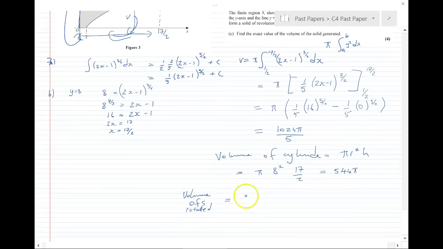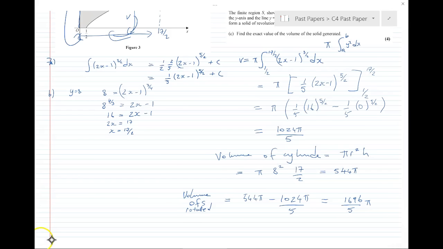That's 544 pi. Take away 1024 pi over 5. Now 544 take away 1024 divided by 5 is 1696 over 5 pi. And that's question 7 done.